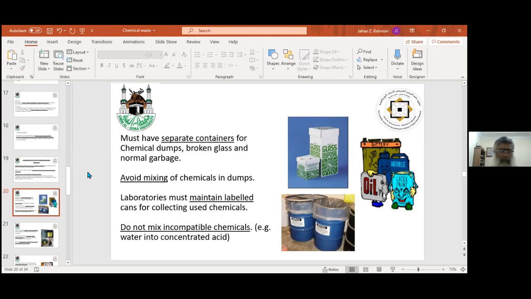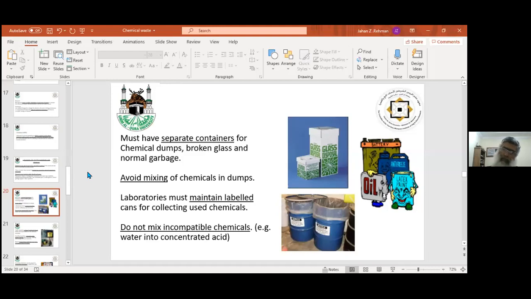No one can recycle. If you combine two different acids, for example, sulfuric acid and nitric acid, then you cannot separate or recycle them. If you combine two solids, it will be very difficult for any agency, any expert, to separate them.